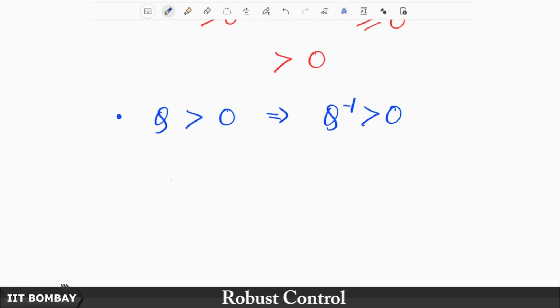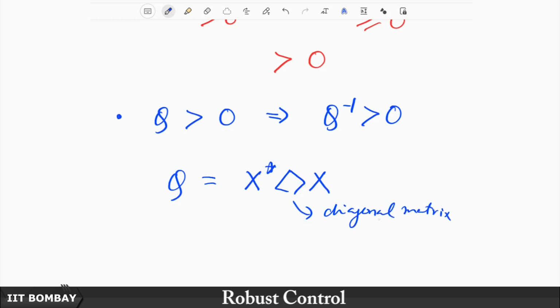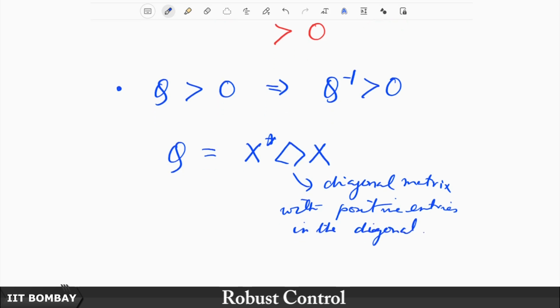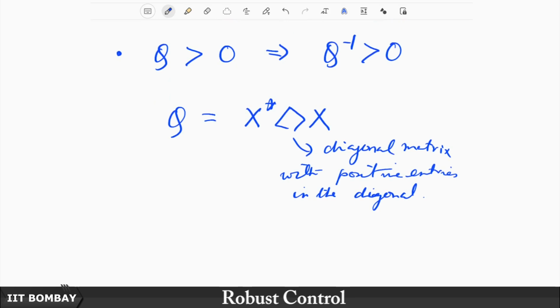Now look, we have already seen that if Q is a positive definite matrix, then we can write this as x Hermitian lambda x, where lambda is a diagonal matrix with positive entries in the diagonal. Not just that, we also know what those positive entries are. They also happen to be the eigenvalues of this matrix Q. We have seen this in the previous lecture.